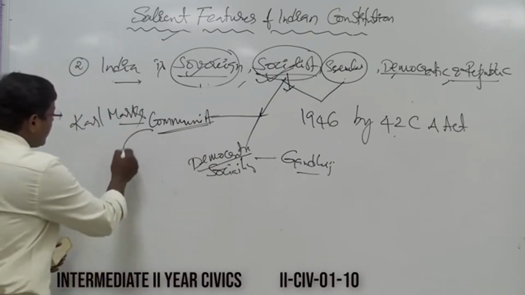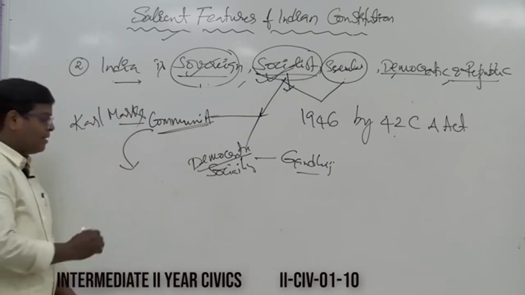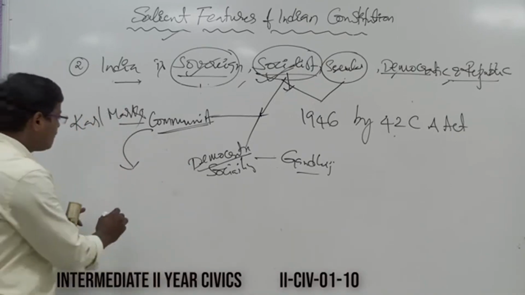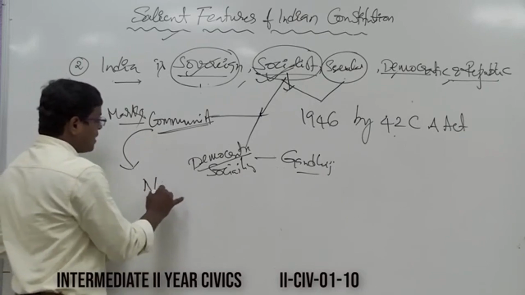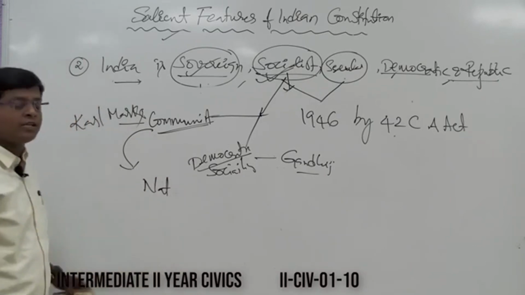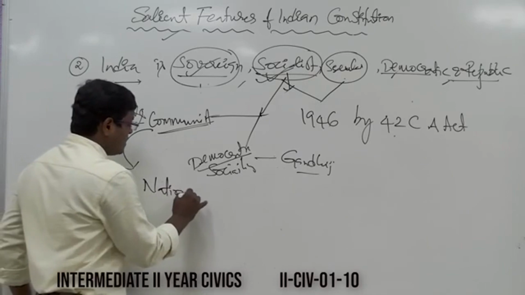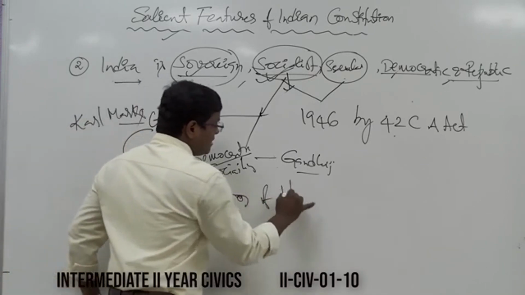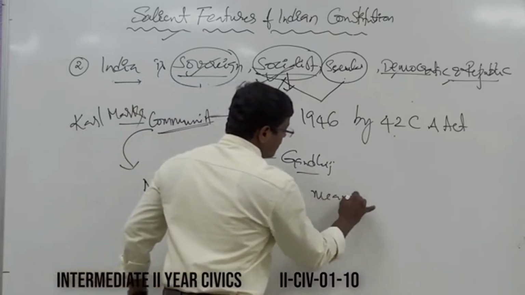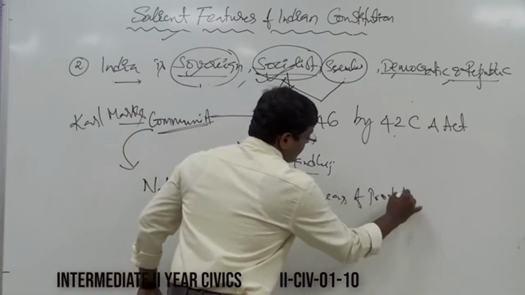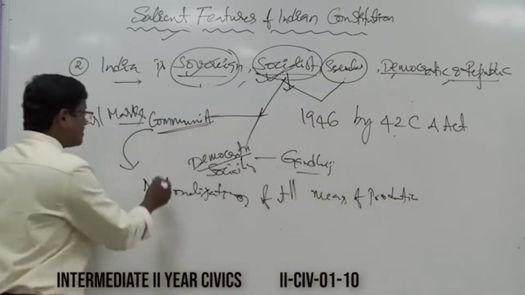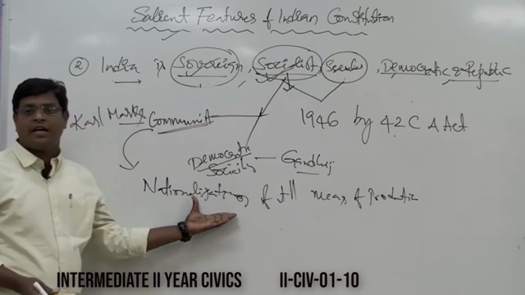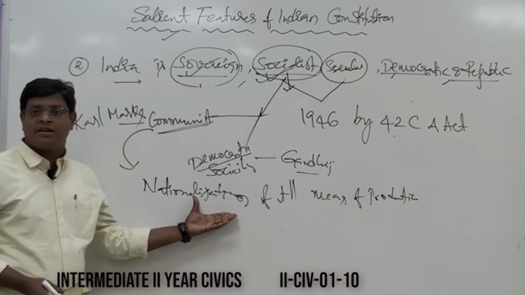Here, in the communist point of view, the country nationalizes all the means of production. That means nationalization of all the means of production. This is the communist basis of a socialistic state, which is practiced in China and in Russia.